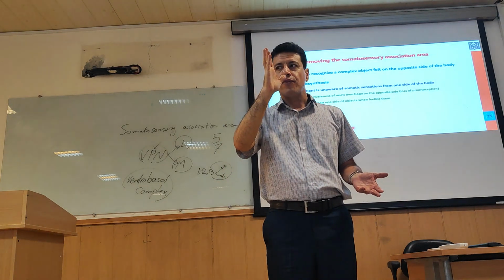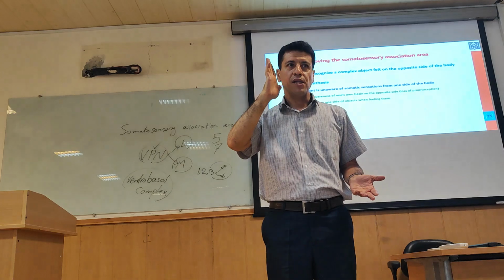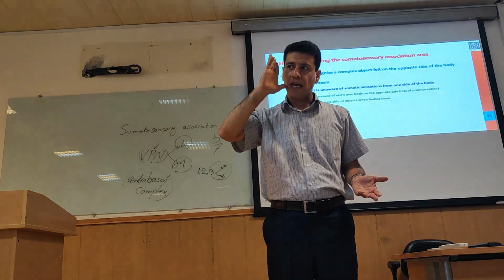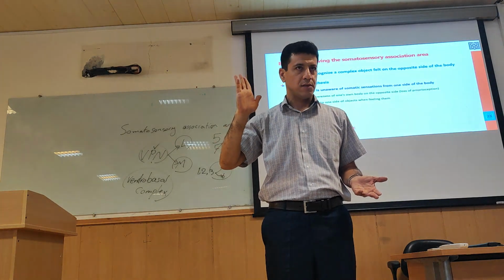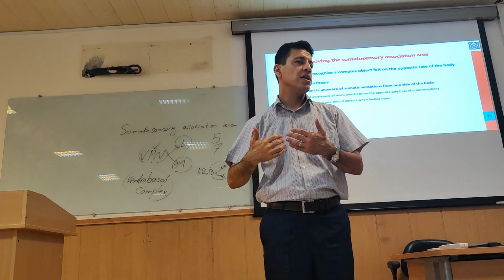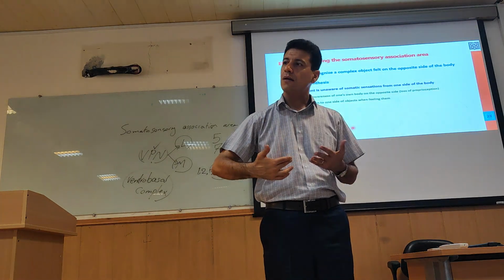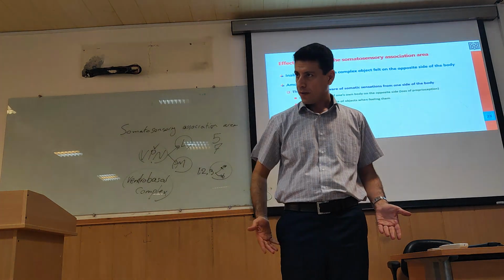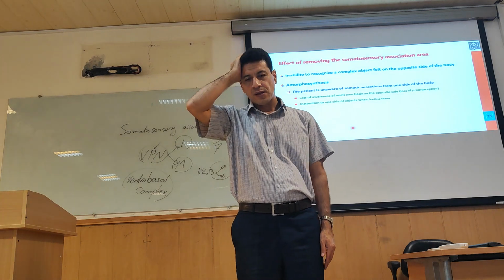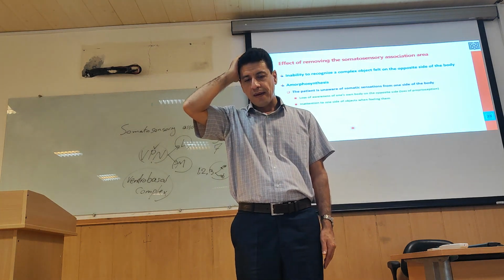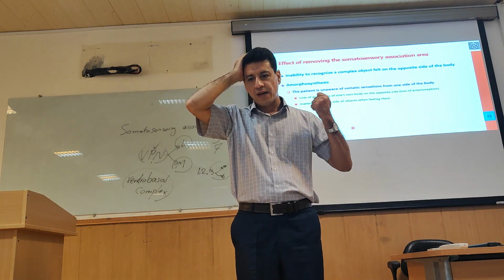So if there is injury to the association area of a patient on one side, then the patient is not aware of the body on the opposite side. So if the injury is on the right side, then the patient doesn't know the position of the left arm.